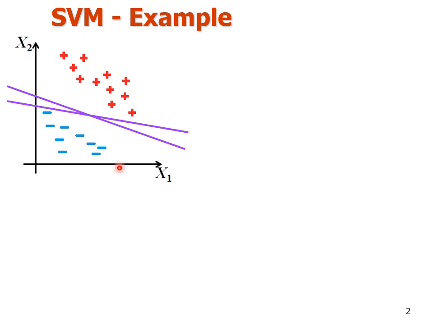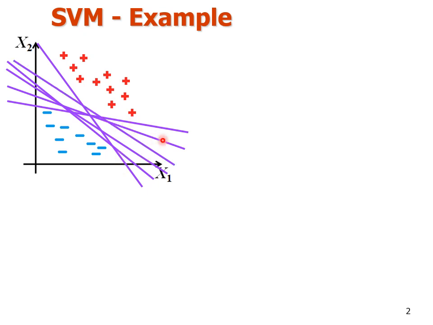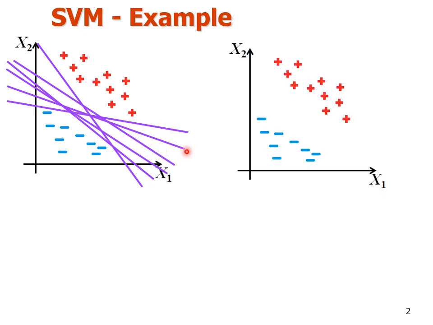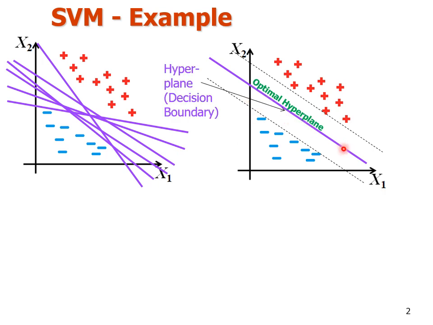Also, as we have seen, we may have many hypotheses or many hyperplanes. Those can be used to distinguish the data, but we are interested in choosing a hyperplane or a decision boundary that actually maximizes the margin between the support vectors.